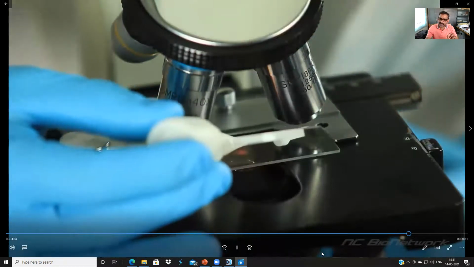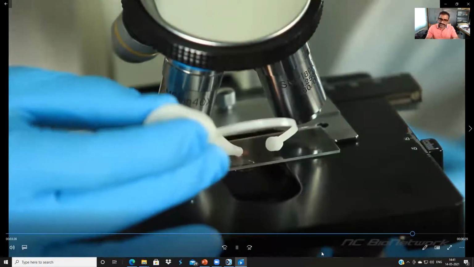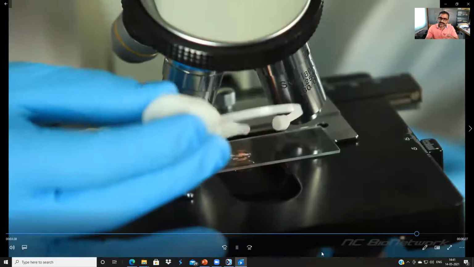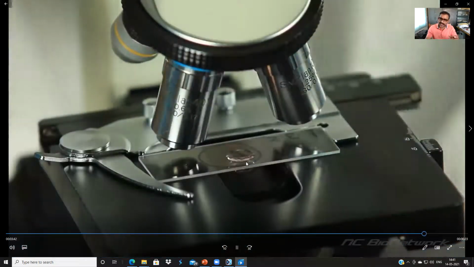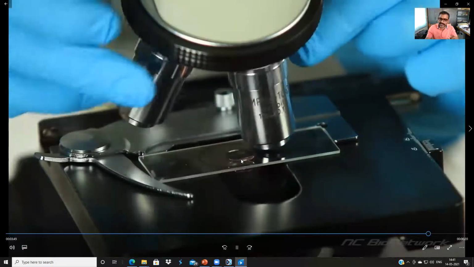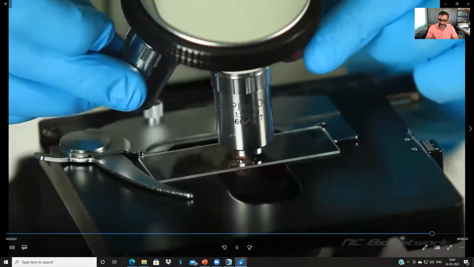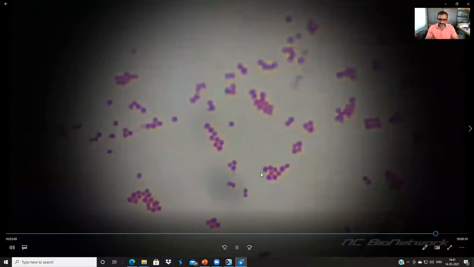Since bacteria are very small, we have to observe under oil immersion or 100x for a clear, bigger image. While using oil immersion, you may know that we have to use cedar wood oil. Then you focus the image.